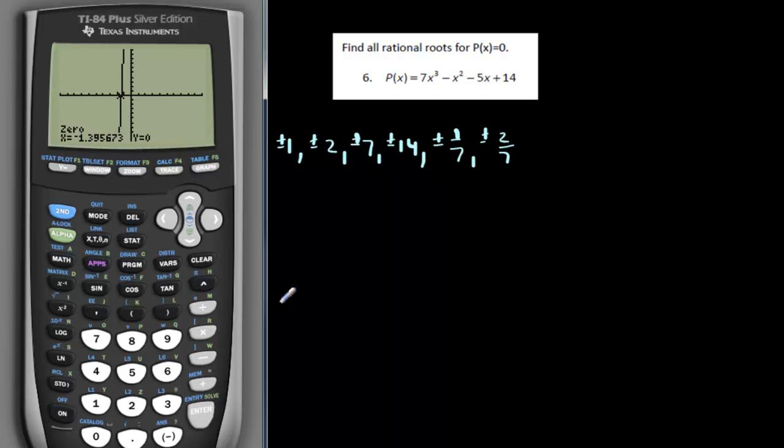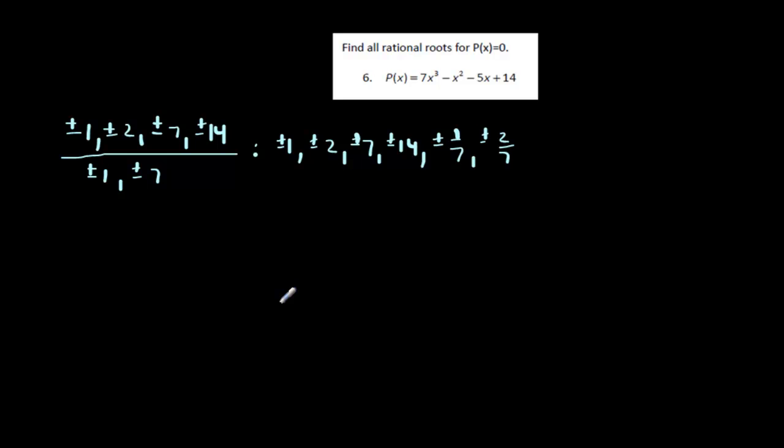Do any of these look like negative 1.39? It's not that, not that, not that, not that. This is not less than -1, this is not less than -1 either. So none of these correspond to that 0, which means there are no rational roots.